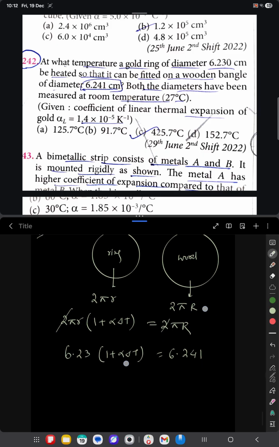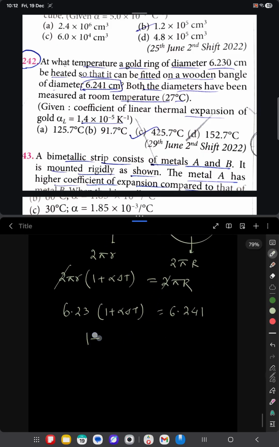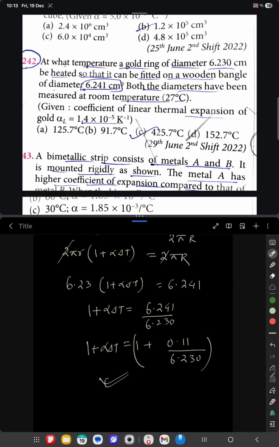In this problem, the main issue will be the calculation. So 1 plus alpha delta t should be equal to 6.241 by 6.230. You can write it as 1 plus 0.011 by 6.230. If you solve this one, you will get option D as the answer.